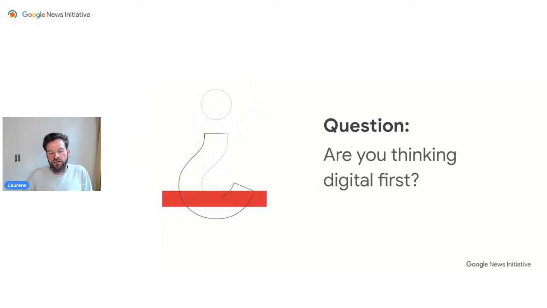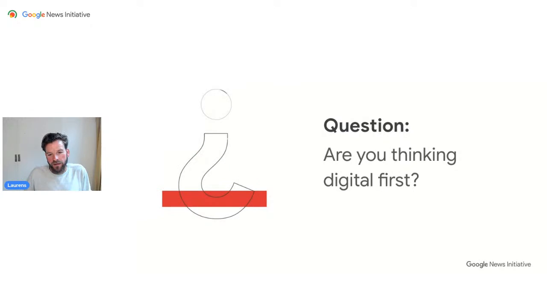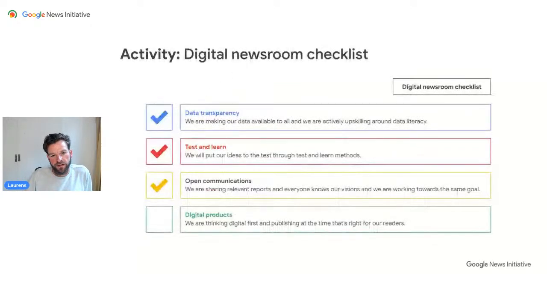This question to you, I think you probably answer yes. Are you thinking digital first? But maybe the other viewers think differently. And in order to do that, this might be an activity you could partake in, and think about data transparency, test and learn, open communications. Are you sharing relevant reports? And does everyone know the vision and the goals you are working towards?